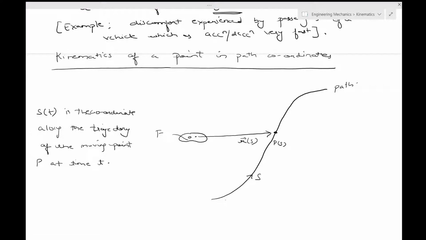Let me draw a coordinate system: that would be En hat at this point, then you can have Et of S, and then there will be one which will be inside your screen, that is Eb of S. Angles are all 90 degrees. The angle between En and Et is also 90 degrees.